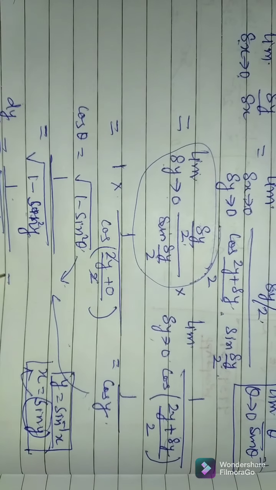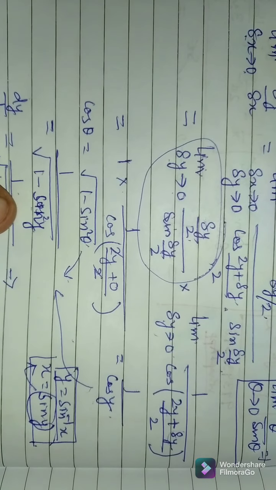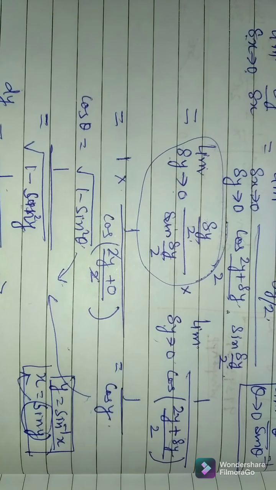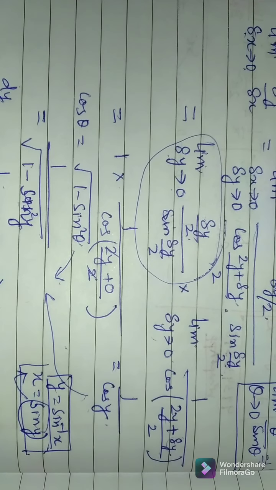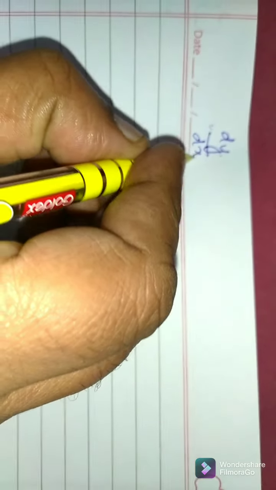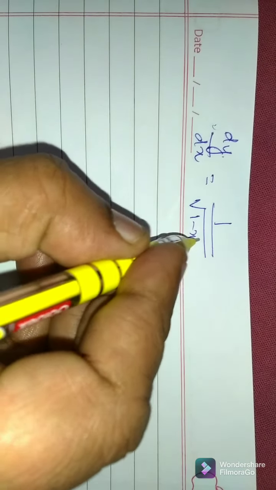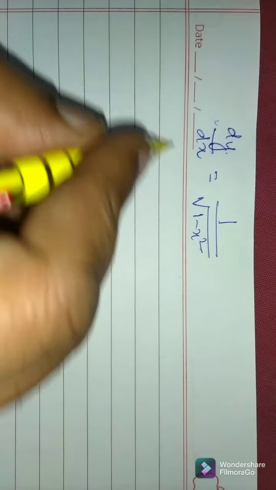It means that this shows that, you can check here, we write it again. Now dy by dx is equal to 1 upon root under 1 minus x square.